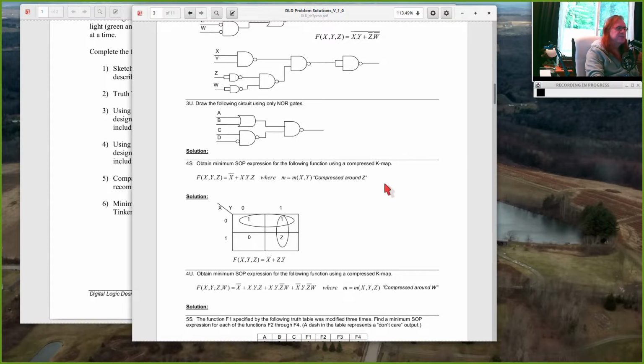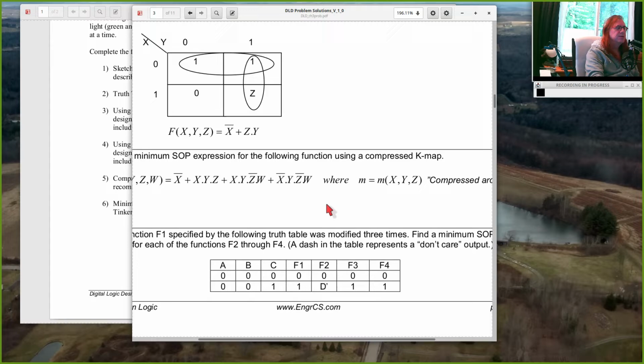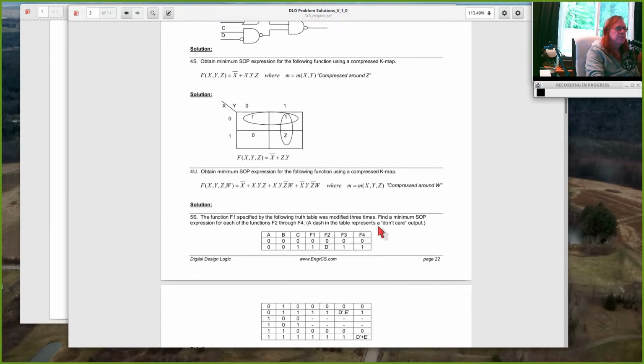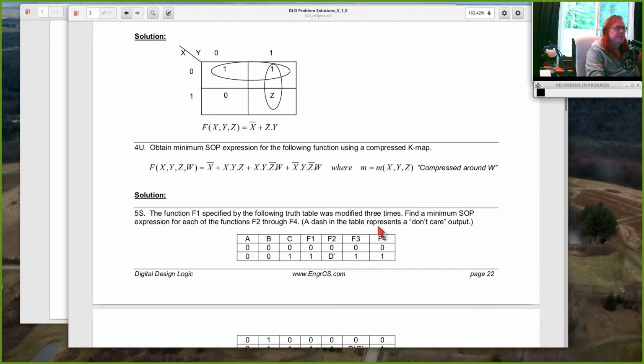On question 4, what does W mean? Well, W would just be another variable, but question 4 is not assigned because we have not talked about compressed K-maps and I'm not planning to.